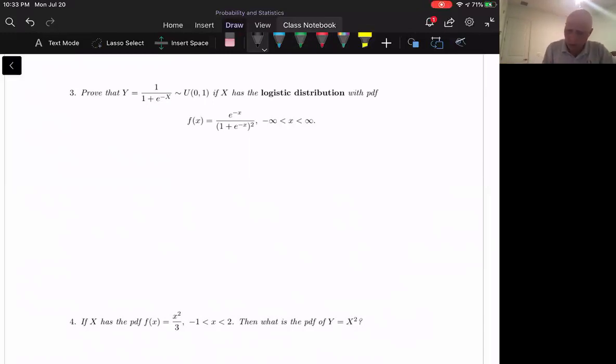All right, so again, start off with first principles. Ultimately, we want to derive the distribution of y, which means we want capital F of y. And based on just the definition, this is the probability that capital Y is less than or equal to little y. And we can substitute in what y is here, which is 1 over 1 plus e to the negative x.